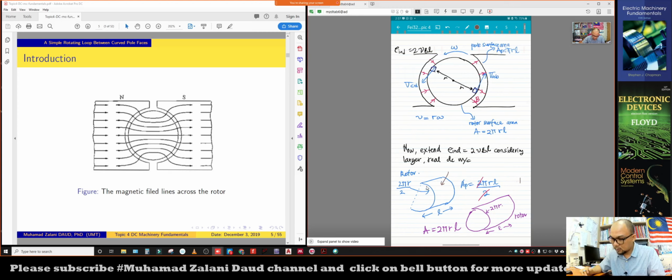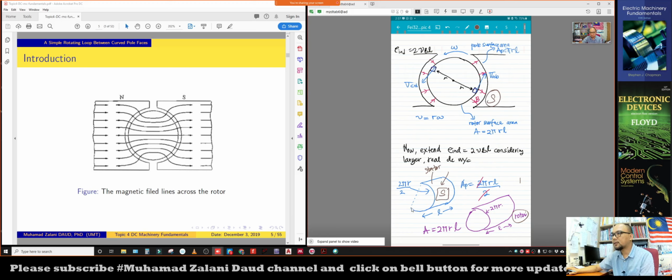Sorry, this is not the rotor. So this is the rotor, and this is the stator. The stator gives only one side. For example, this is the south side of the stator, which is this side.